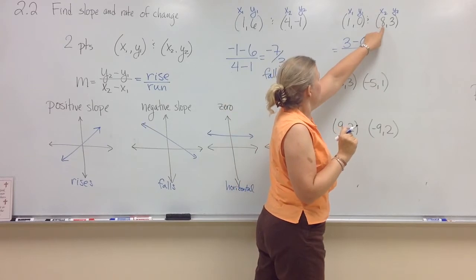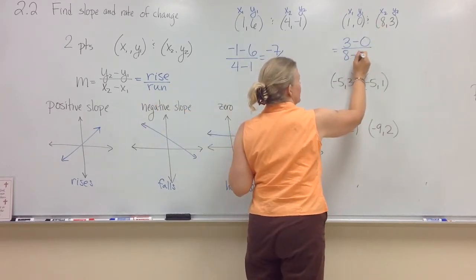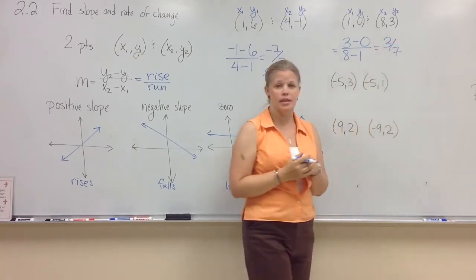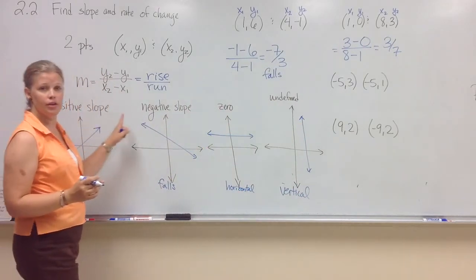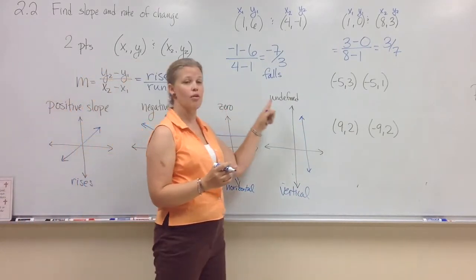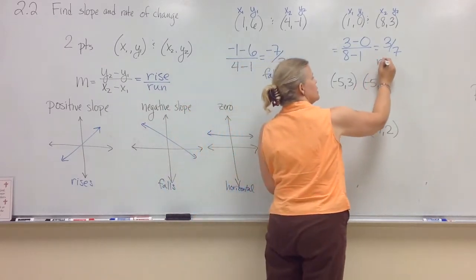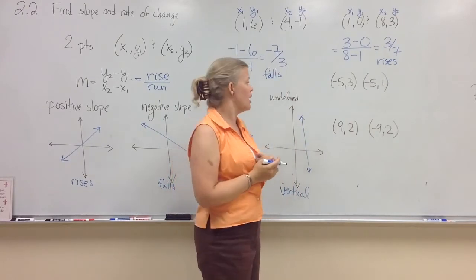We've got x2, which is 8. And we've got minus x1, which is 1, and we get 3/7. Now, what kind of number is that? Is that positive, negative? Is it a 0? Is it undefined? Well, it's a positive, so this is a graph that would rise, or we say it rises.